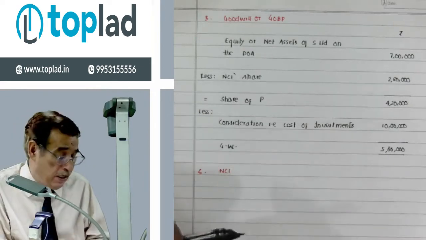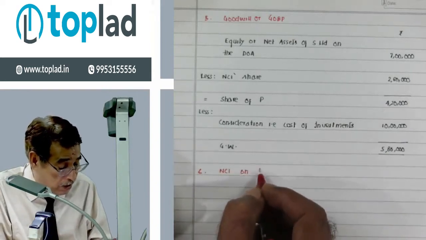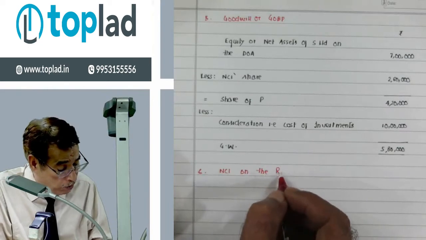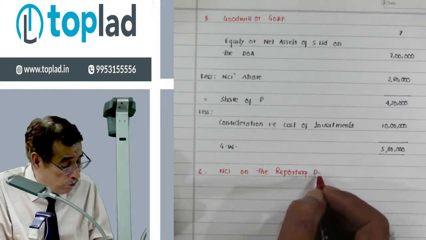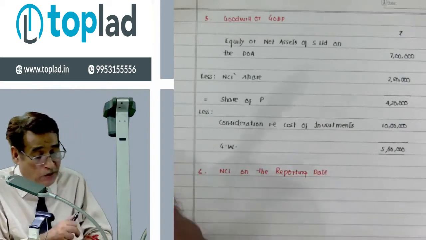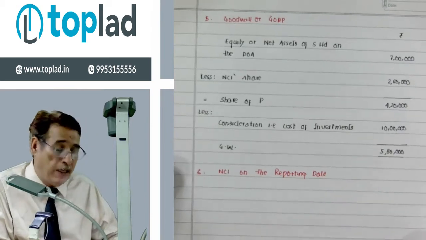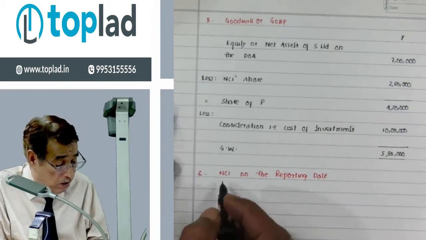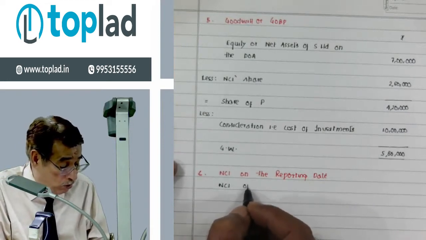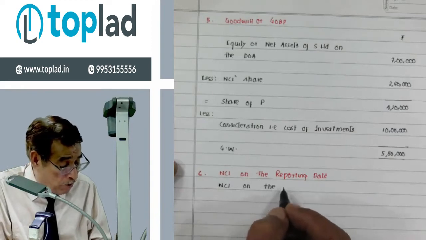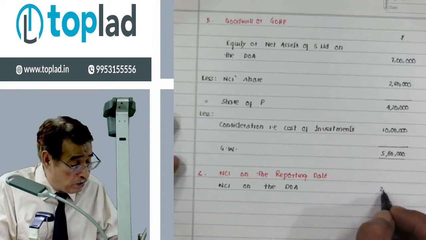And now the next step is NCI. NCI, when I say, it means NCI on the reporting date. So what is the amount of NCI? That means at the end of the accounting year, how much worth of assets belong to NCI? So NCI on the date of acquisition, we have already computed, is equal to 2,80,000.